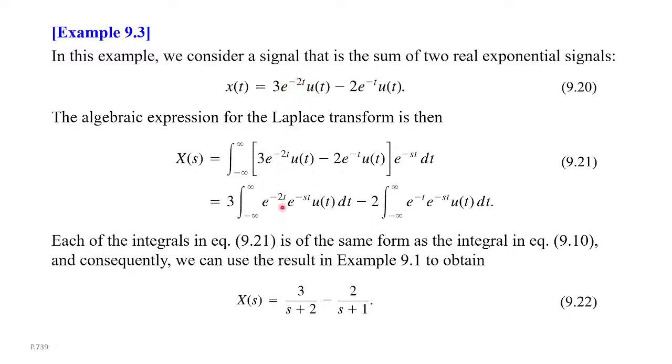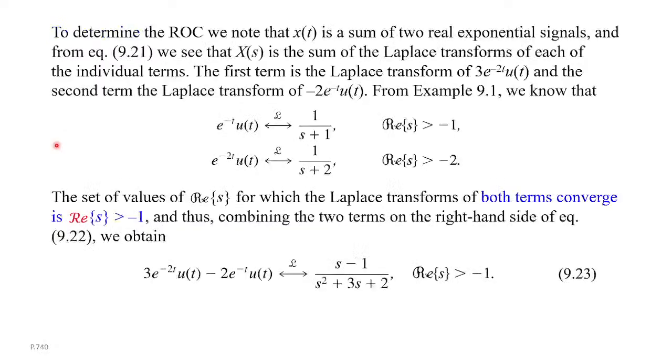So the Laplace transform is going to be 1 over s plus 2, and you have 3 here, and also similar here. So minus 2, and this minus 1 becomes plus 1 here. So it's easy to write this down, but remember we need to specify the region of convergence. So what's the region of convergence for this thing?